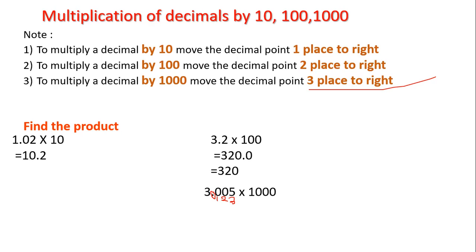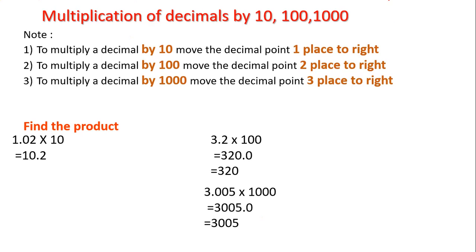We have to move the point from here to after the three places. If we place the decimal point, the number will become 3005. After 5, the point has come. There are no digits in the decimal part, since I am using 0 at the end, and this 0 doesn't have a value. So if I rewrite this, the product will become 3005.